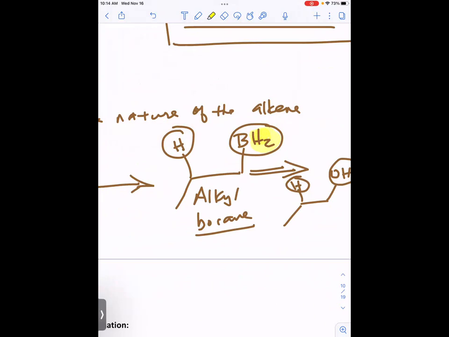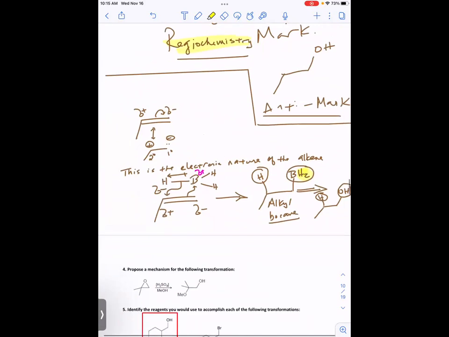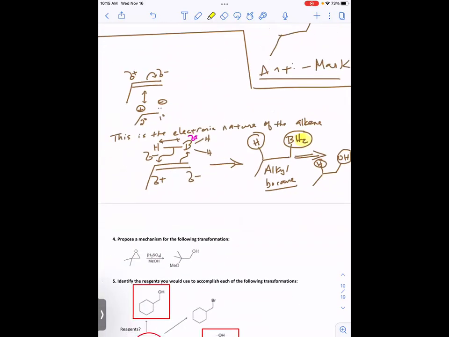It actually ends up with 3 groups on it before the second step, where you go in and you add the peroxide and the sodium hydroxide to convert those into alcohols, right? So the stoichiometry for a hydroboration is usually 3 moles of alkene to 1 mole of borane, right? That stoichiometry is always going to be 3 to 1. But we'll come back to that. Are there any questions about anything?